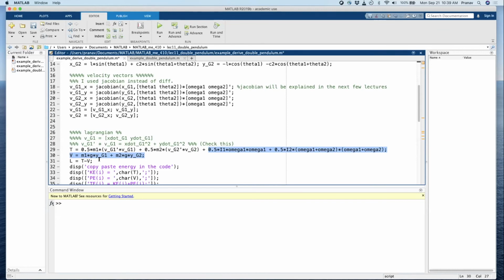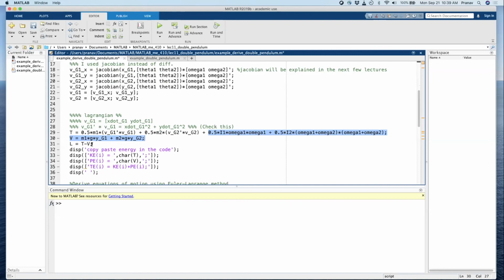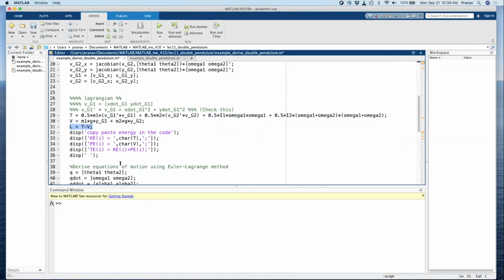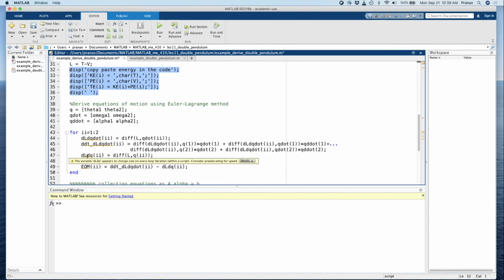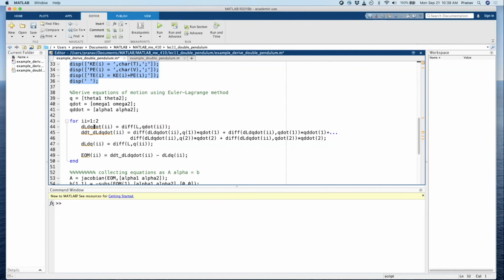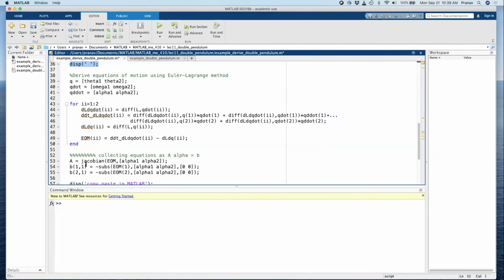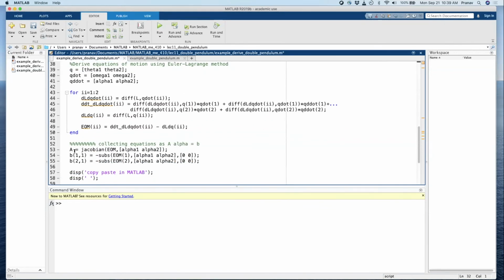Then the potential energy is same as in notes, and then I have the Lagrangian. Now to use the Euler-Lagrange method, I had written down that formula, if you remember, which basically makes this very compact. The equations for Euler-Lagrange are basically over here. And then finally, I find the A matrix and B matrix.